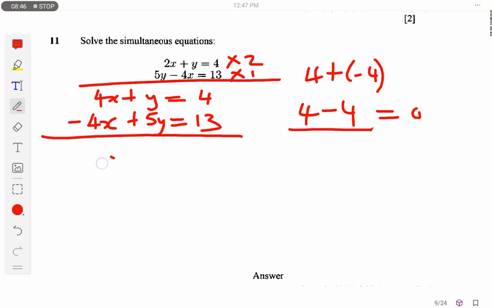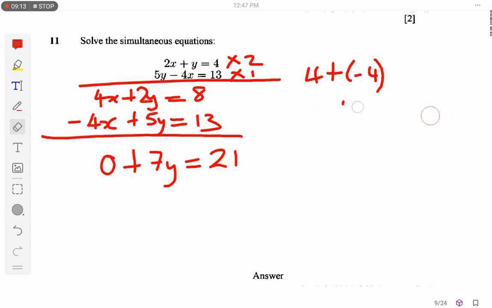Then y plus 5y, oh sorry, I forgot to multiply y by 2. So this is a 2 here, and this is an 8. These are some of the silly mistakes that we make in the exams. So it's going to be 2y plus 5y, that's 7y, is equal to 8 plus 13, that's 21.